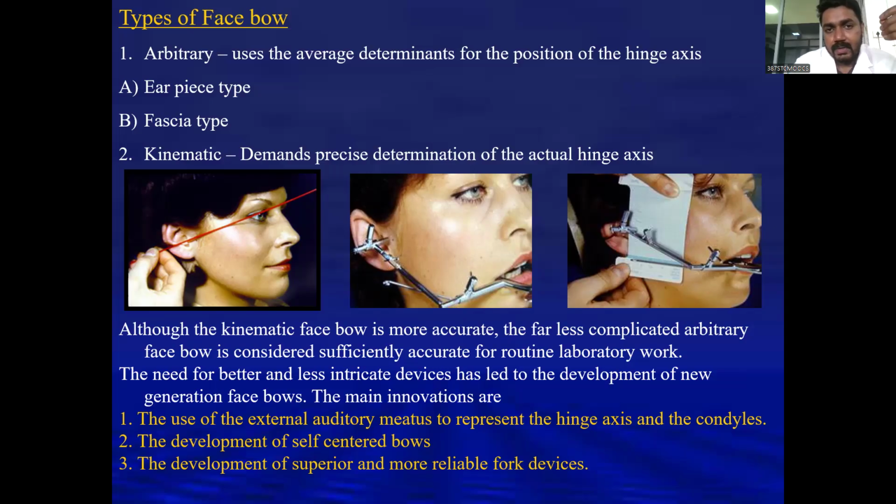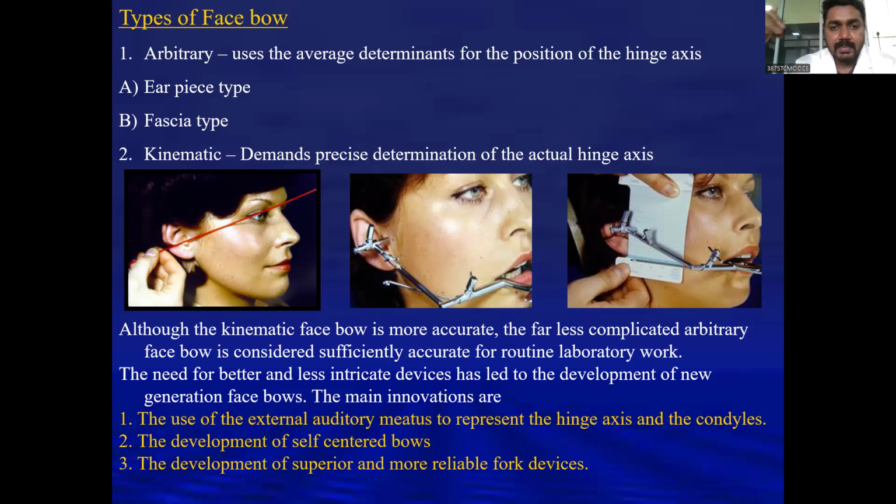So in complete denture cases, where we need a full mouth, where we need balanced occlusion and so on, we use an arbitrary facebow. We are not using kinematic facebows. In arbitrary facebows itself, we have the earpiece type and the fascia type. In the earpiece type, as the name suggests, earpieces are used to find the posterior reference points.